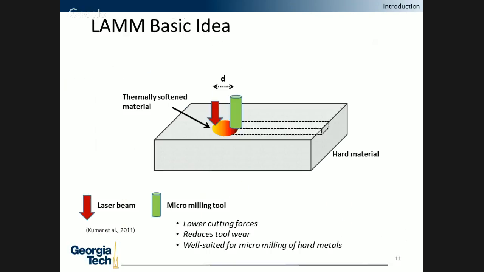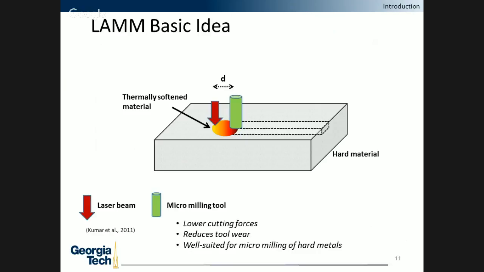To give you a basic idea of laser-assisted micromilling, as you can see, an end mill is run through the workpiece as shown, and simultaneously while it is removing material, a laser is pointed directly in front of the end mill as shown here, and it thermally softens the material.